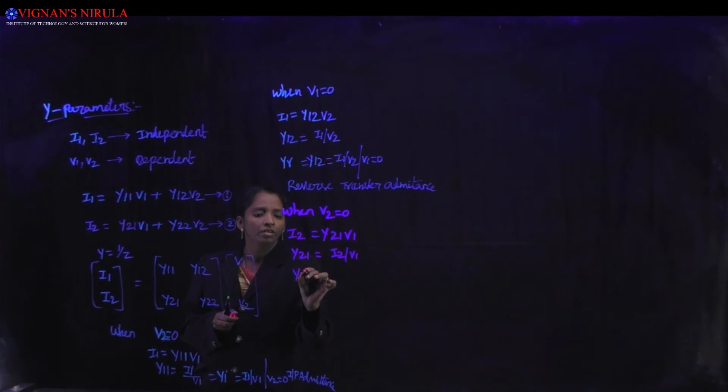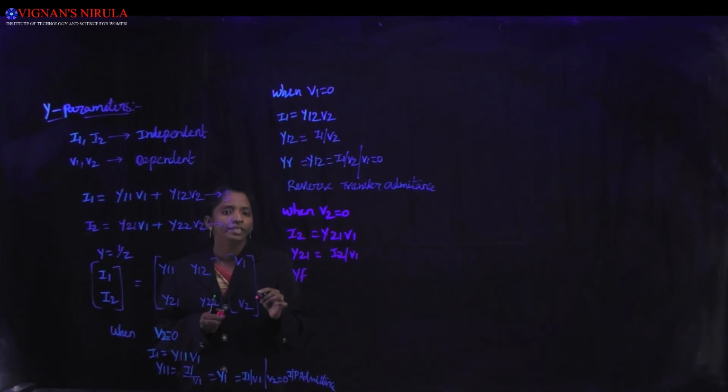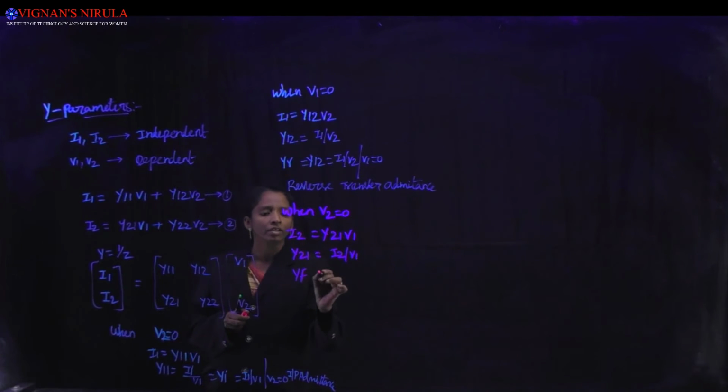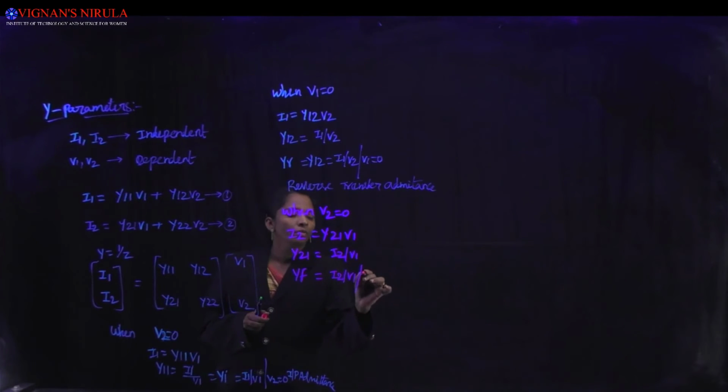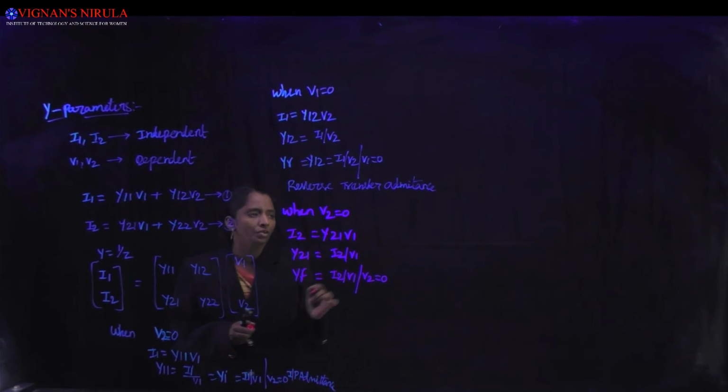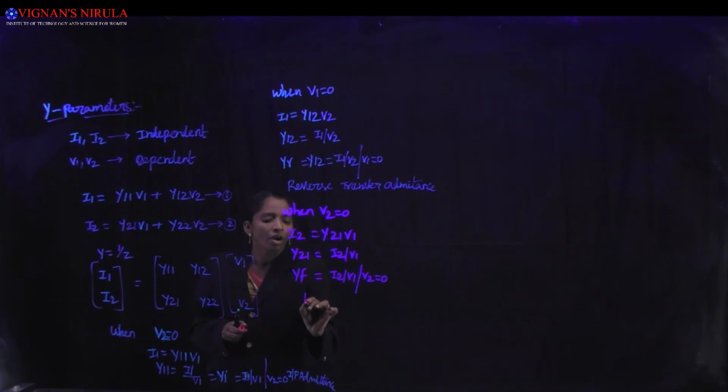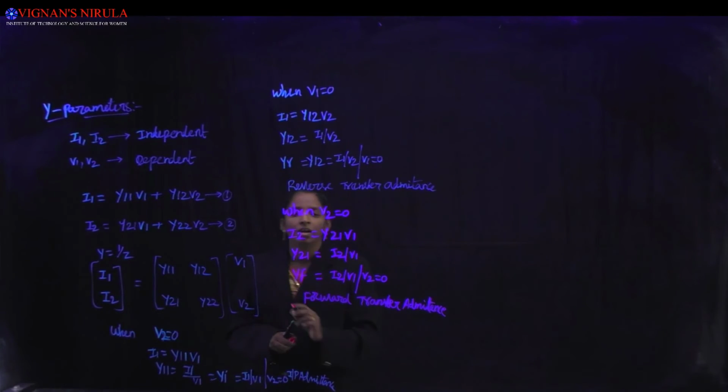Y21 is called YF because it is called forward transfer admittance. So YF equal to I2 divided by V1 at V2 equal to 0. It is called forward transfer admittance.